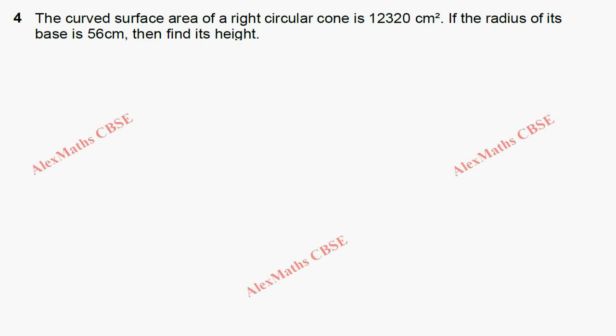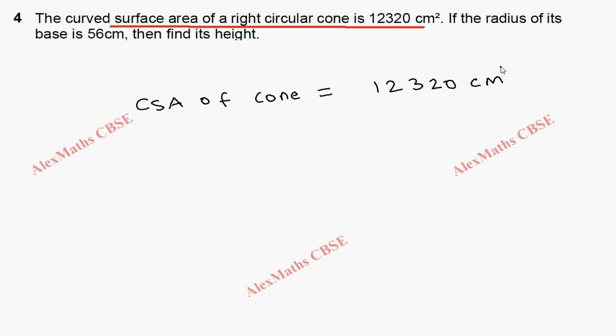Question number 4. They have given the curved surface area of the right circular cone as 12,320 centimeter square. So let's take the CSA of the cone, which is 12,320 centimeter square, and they have given the radius of the base, which is 56 centimeter.